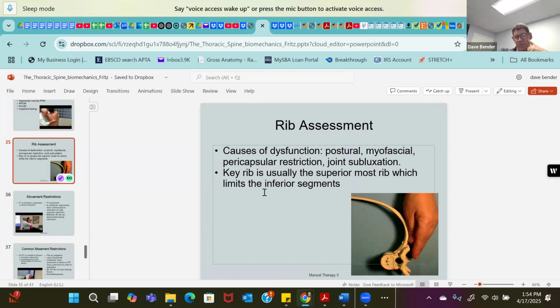And that rotation is typically contralateral, where the rib is shifted to the right, rotated to the left. The superior segment is usually the driver. The inferior segment isn't the one that's shifted to the left. The superior segment is usually the one that, by convention, is restricted and the one that we'll end up treating.